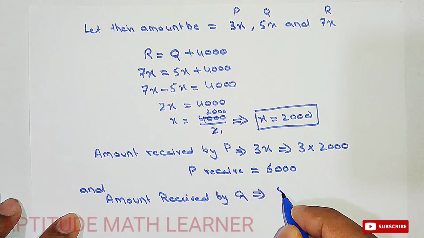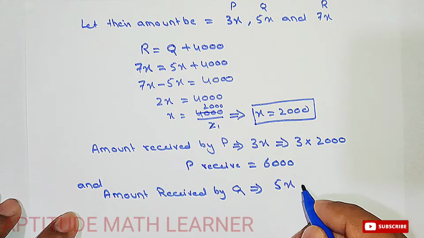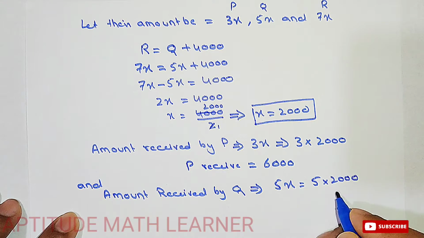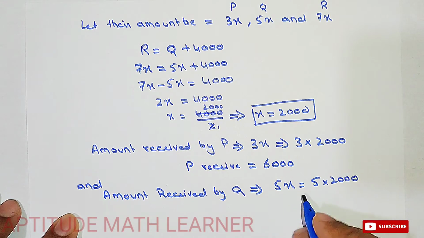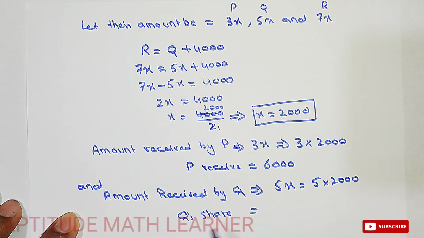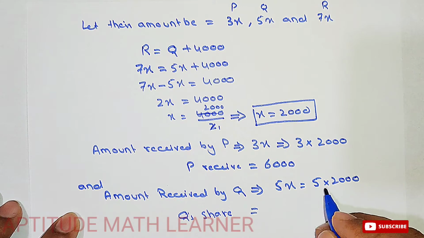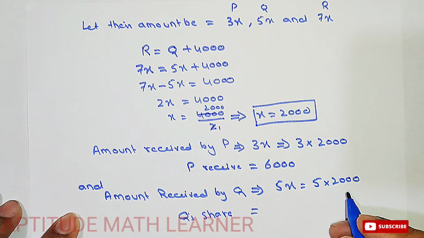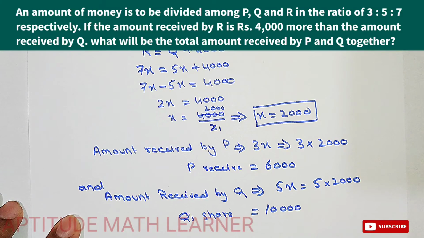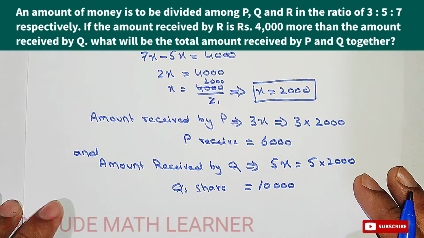So that is 5x, and this becomes 5 multiplied by 2,000, since 2,000 is the value of x. So Q's share, or what Q received, is 5 multiplied by 2,000, and that is 10,000. I hope till here you have completely understood the method for its solution.